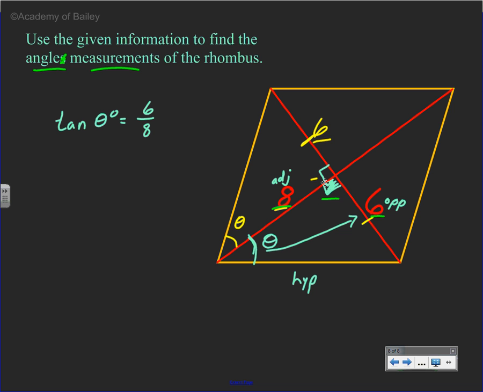If theta is the unknown, we need to get it by itself, so we take tangent inverse, and those cancel. So theta is equal to tangent inverse of 6 over 8. You could have written 3 over 4 in there.